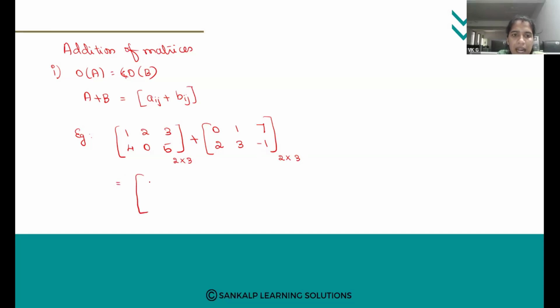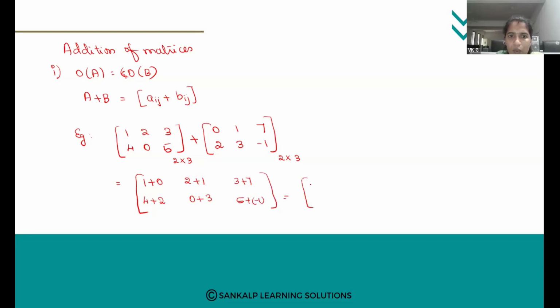The sum is obtained by adding corresponding entries of A and B. First entry of the first matrix is 1, whereas the second is 0. Next entry, 2 from the first, 1 from the second. Next entry, 3 from the first and 7 from the next. That's the first row. Next, 4 from the first, 2 from the second. 0 from the first matrix, the corresponding entry from the second is 3. 5 from the first and minus 1 from the second.